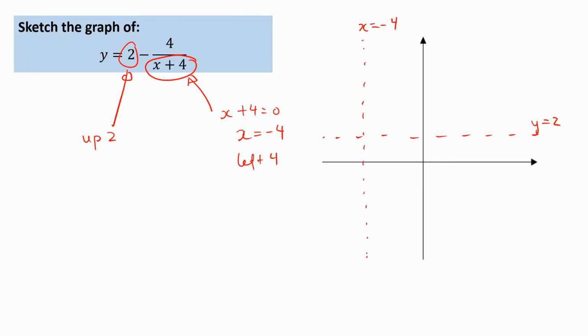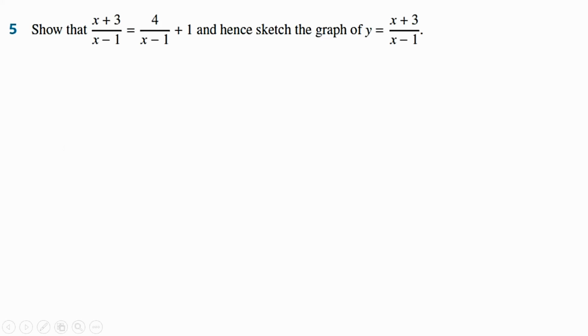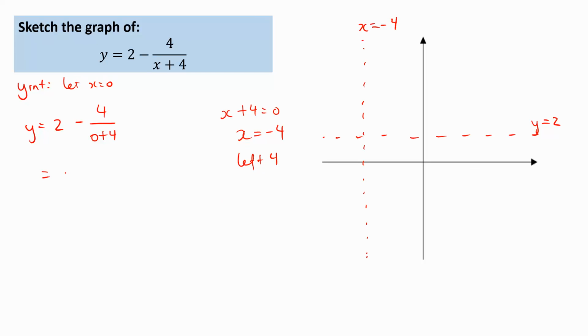The only two things I'm missing are the x-intercept and y-intercept. So let's do the same things again. How do I find the y-intercept again? Make x 0. Good. Let x equal 0. So you've got y equals 2 minus 4 over 0 plus 4, which is 2 minus 4 over 4.